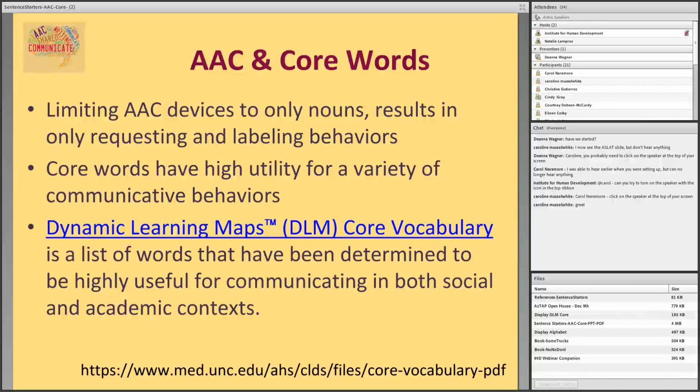You can go to this website as indicated here on the bottom and see the core list. Sorry, my arrow is slow. That would be something to think about going back after this webinar, taking a look at the core vocabulary list to see some of these items that we're going to be talking about.